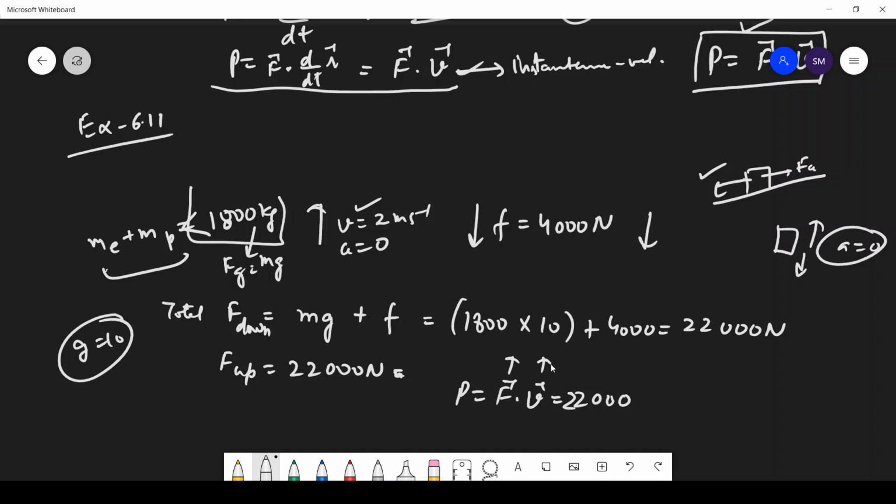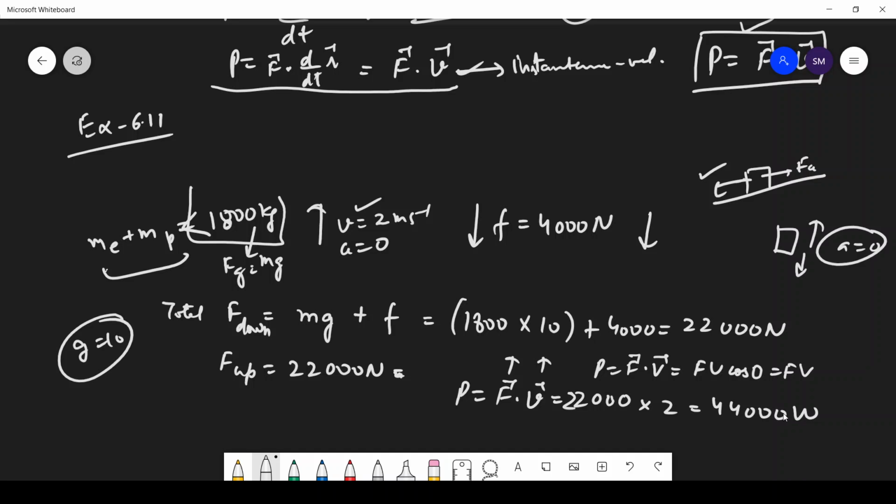Velocity is also upward, force is also upward. So cos 0, P is equals to F dot V, that is equals to FV cos 0, that is equals to 1. So FV, what is V? 2 meters per second. So what is the power? Power will be 44,000 watts.